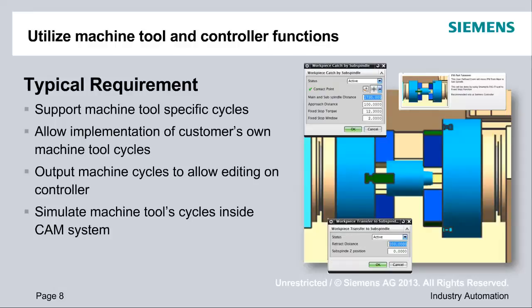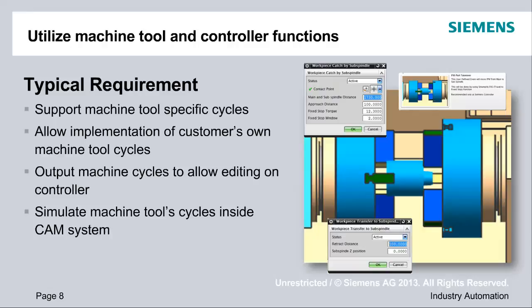The NC output then outputs the cycle, and so you can easily change the parameters on the machine tool, because you will see the same parameters on the machine tool as you have seen in NX during the programming. I also want to show you in this example how easily you can implement a special template for this machine tool and easily program these parts.